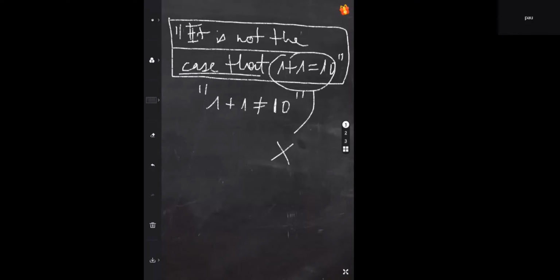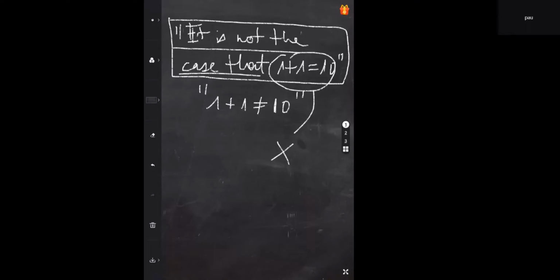Now, this is the difficult, or a little bit difficult part. Negations always turn and into or, into an inclusive or.